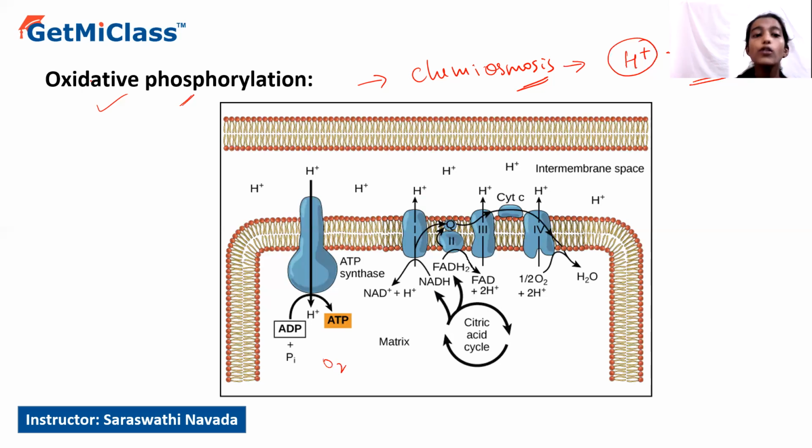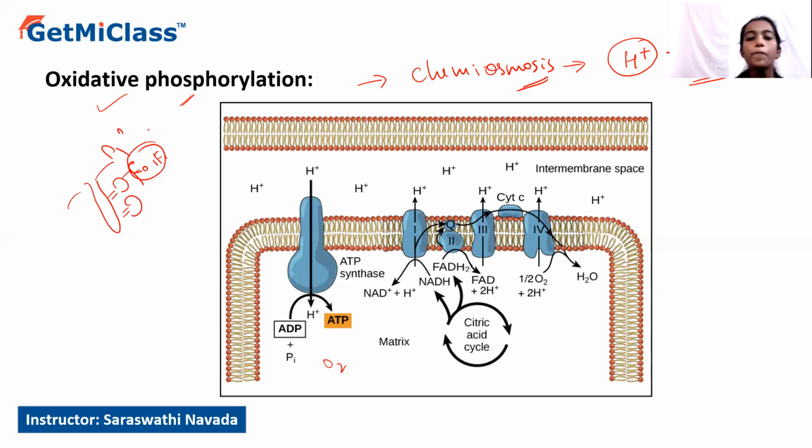If ATP is synthesized in the presence of light energy, then it is photophosphorylation, which can be seen in photosynthesis. Here in respiration, we see oxidative phosphorylation. In the inner mitochondrial membrane, if we look at the cristae, they have small lollipop-like structures called F0, F1 particles, also called the ATPase enzyme complex.